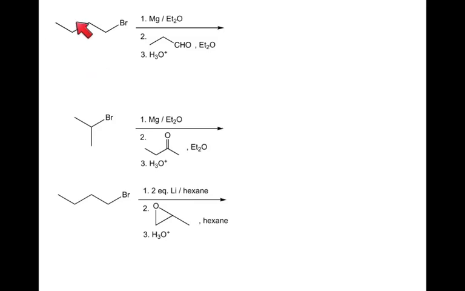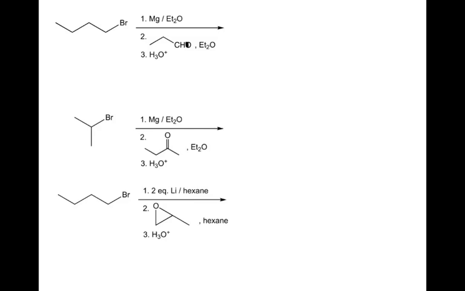You can see I have an alkyl halide and then a 3-step reaction. I'm going to treat this with magnesium and ether. Step 2, I add an aldehyde, and then I'm going to do an acid workup here. Okay, one thing we really want to remember is CHO is an abbreviation for an aldehyde.